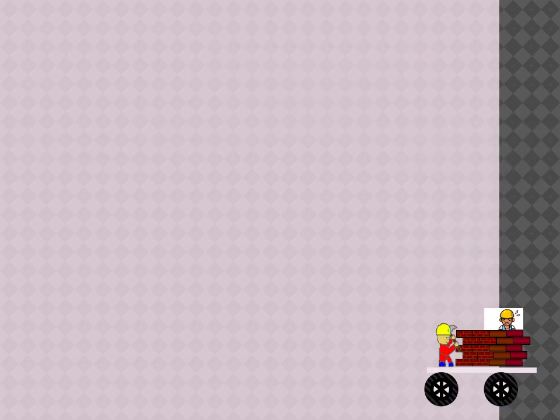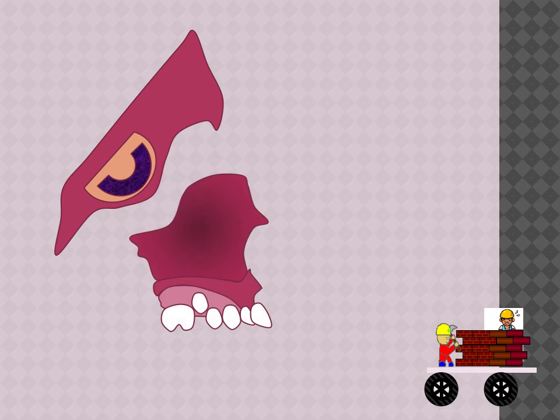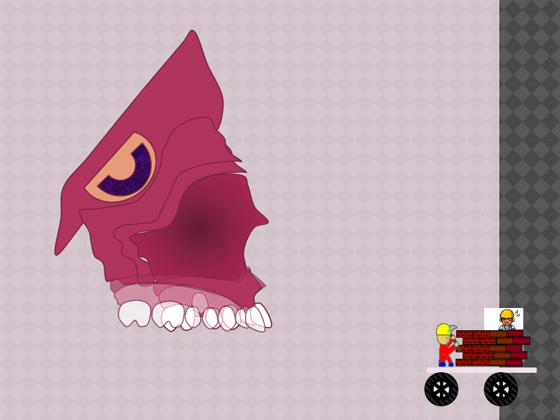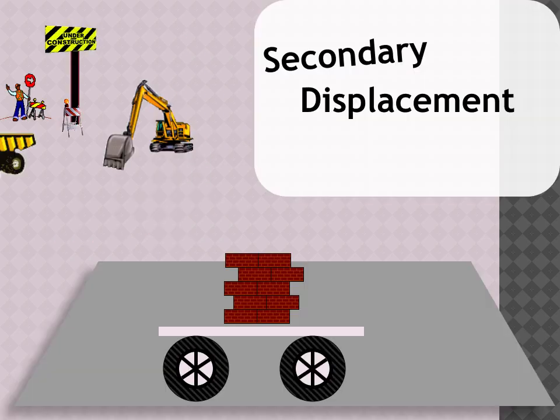And if we compare it with our maxilla again, if it is the active growth of the maxilla itself, that means deposition happening of the maxilla itself, its own remodeling happening, then also the maxilla is being displaced downward and forward. So this is the primary displacement of maxilla along with its own remodeling.